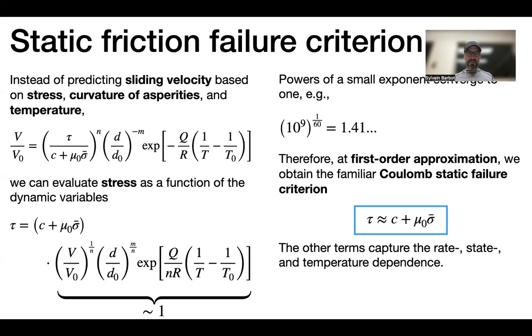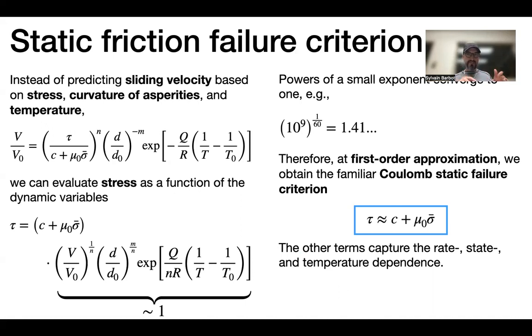But it's pretty much C plus mu naught sigma times some terms that are all raised to the power 1 over n. And n is large, and any number raised to a small power converges to unity. As an extreme example, if you take 1 billion to the power 1 over 60, that's just 1.4.